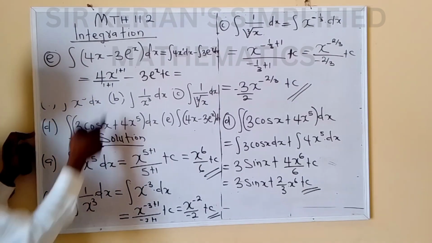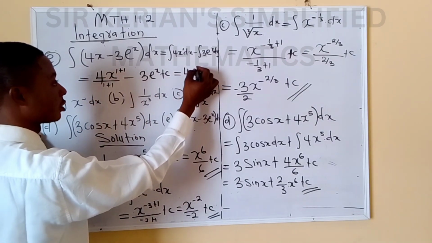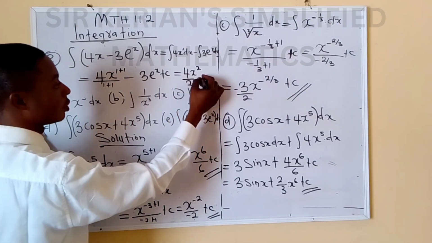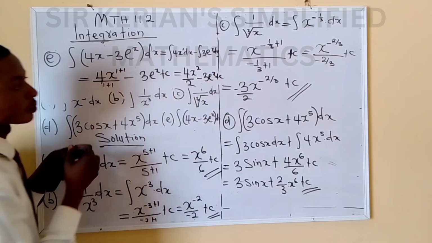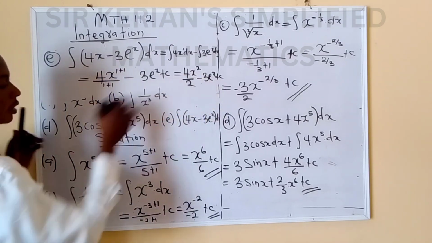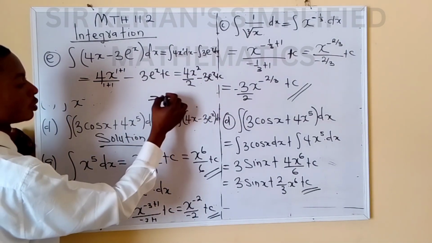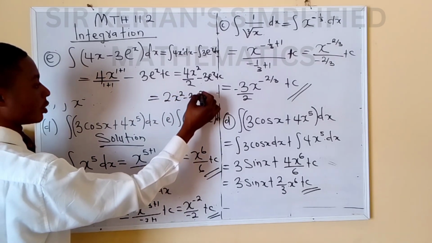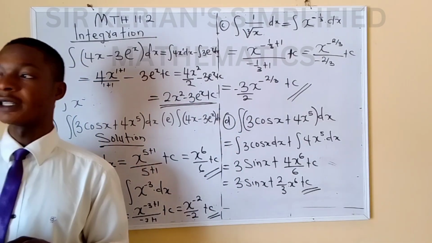So answer will be, if you add 1 plus 1 is 2, 4x squared divided by 2 minus 3 exponential x plus c. Since 4 can divide 2, our final answer will be 2x squared minus 3 exponential x plus c. So that is our solution.